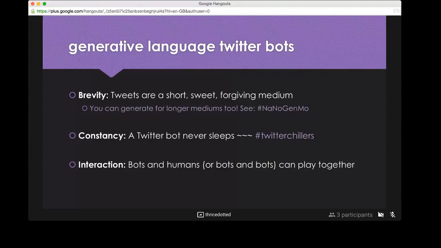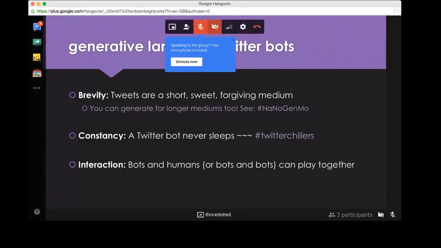But different from just writing a tool that can generate text, where you push a button and it generates something new, and that stops being interesting after you push the button a few times, a Twitter bot can take an algorithm that you wrote for generating something and just keep doing it over and over. It keeps it interesting because it can just pop up in your feed and you can see it and then you can forget about it and then it can pop up again. So that's kind of neat.